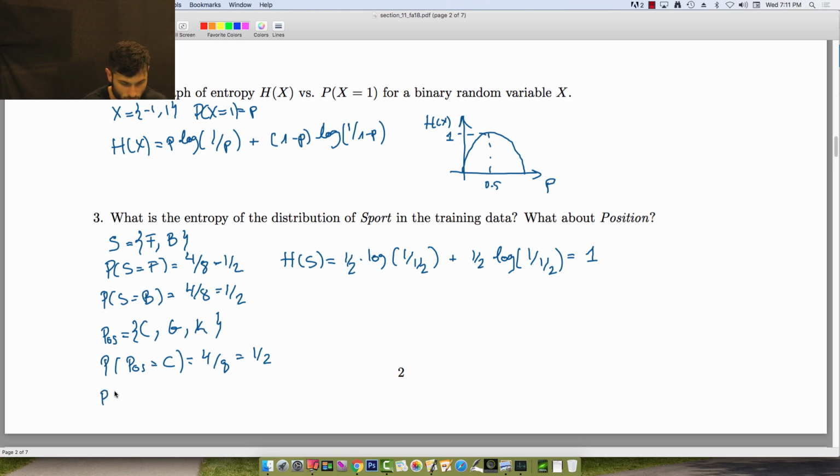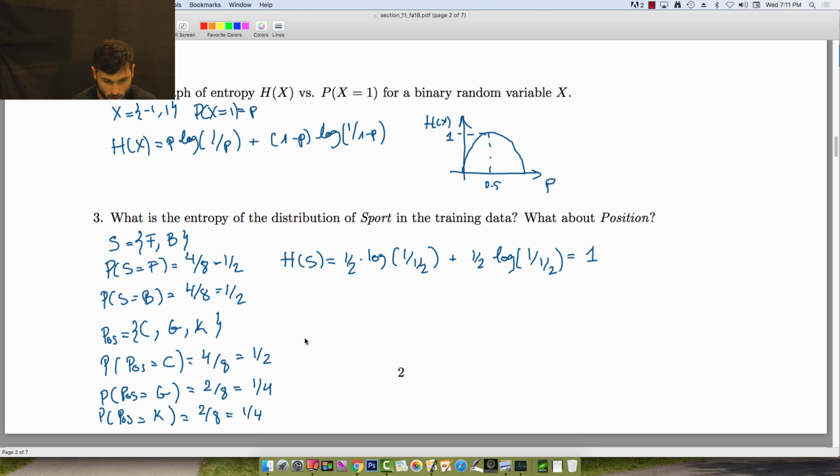And the probability of position being equal to guard is 2 over 8, the same as 1 over 4. And finally, the probability of position being equal to kicker is 2 over 8 again, which is equal to 1 over 4.